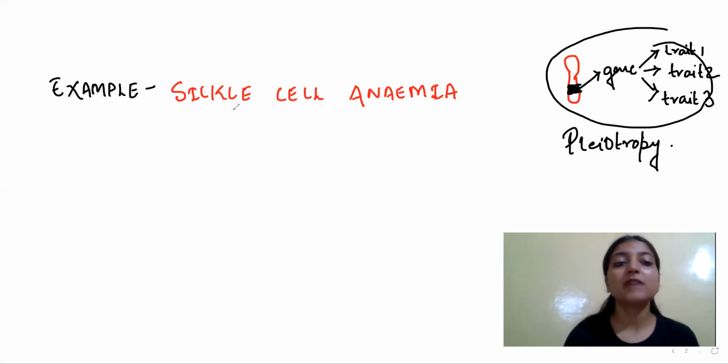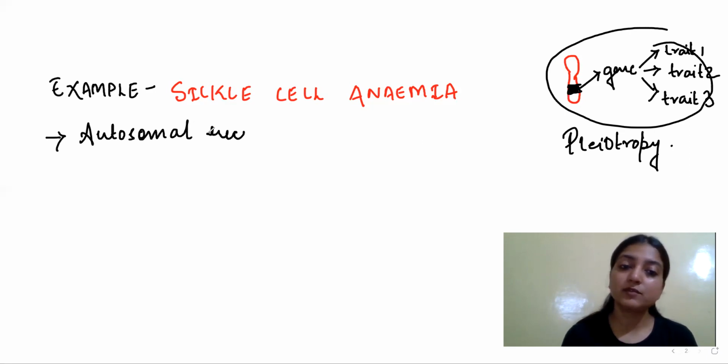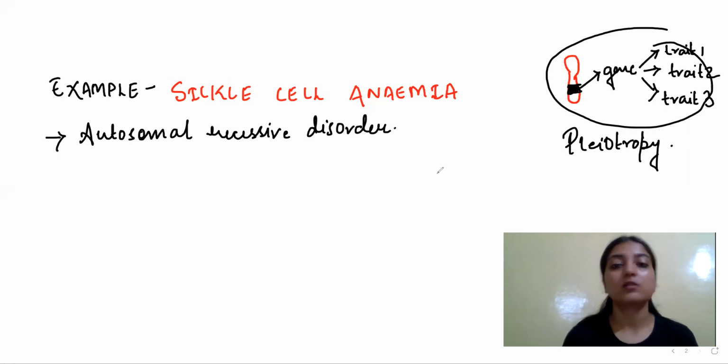Now we'll start with the example of sickle cell anemia. Sickle cell anemia is an autosomal recessive disorder, and it occurs due to a mutation, and the mutation type is point mutation.